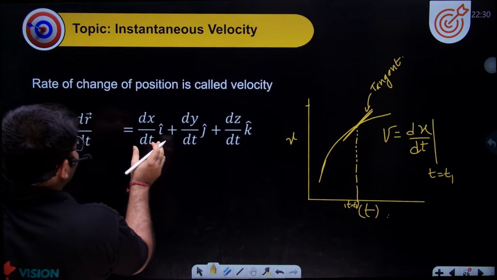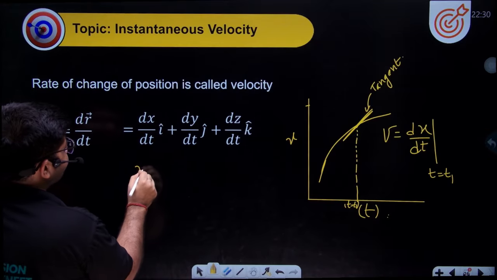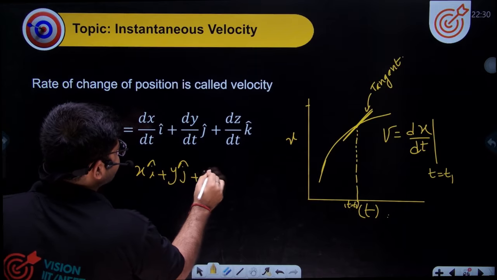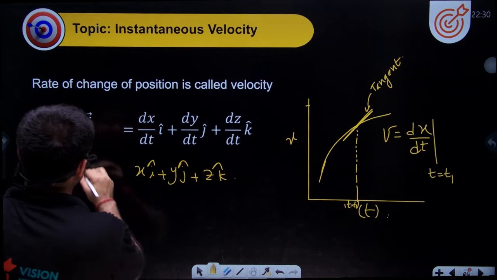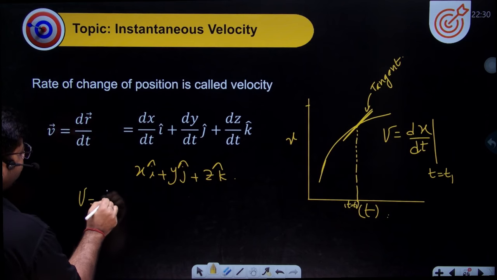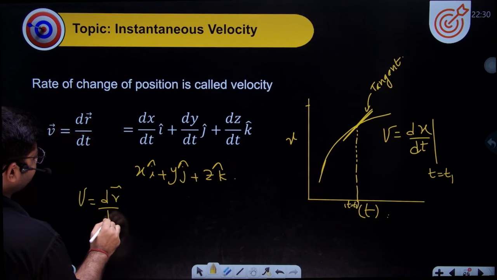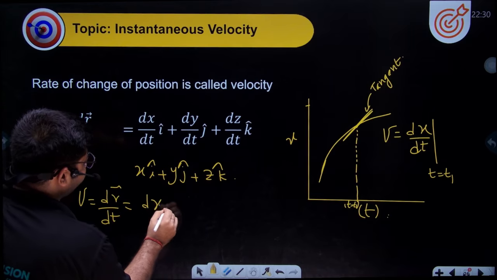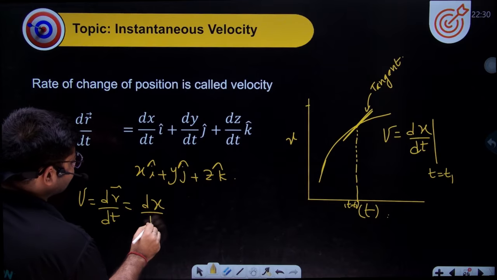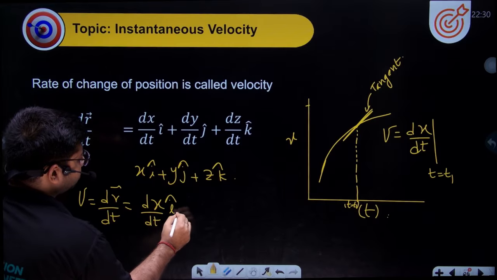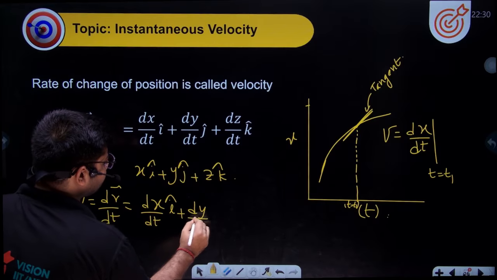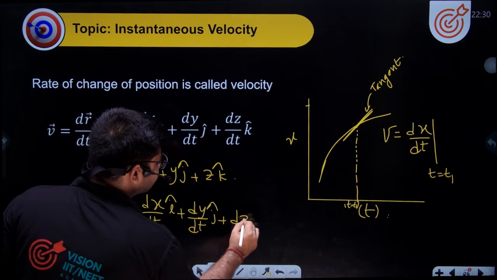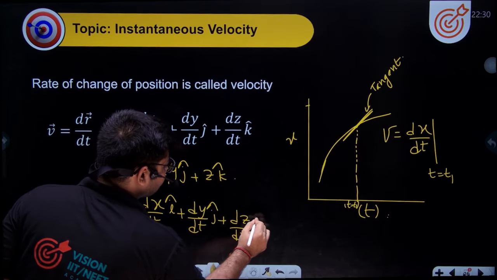Okay, so if your position vector is x i cap plus y j cap plus z k cap, and you differentiate it with respect to time, v is equal to dr/dt, you will have dx/dt i cap plus dy/dt j cap plus dz/dt k cap.